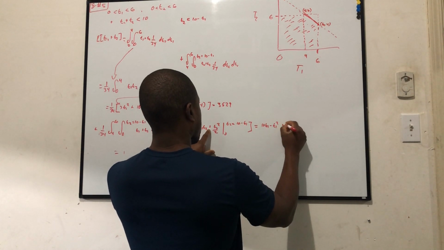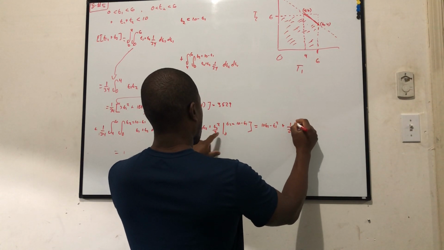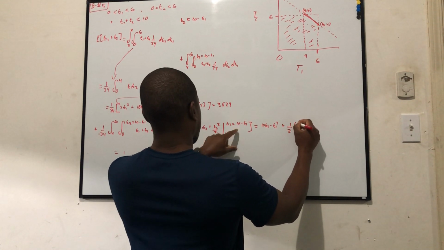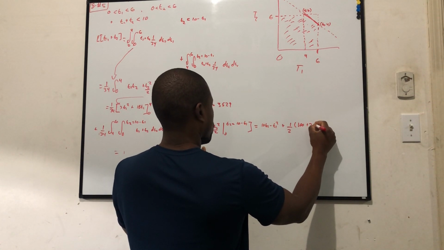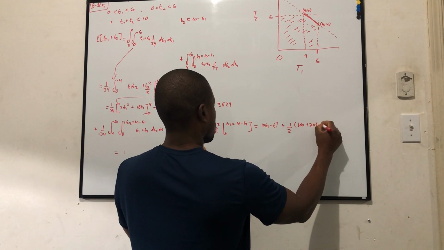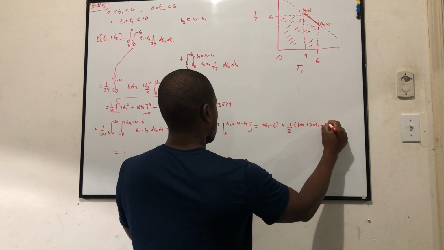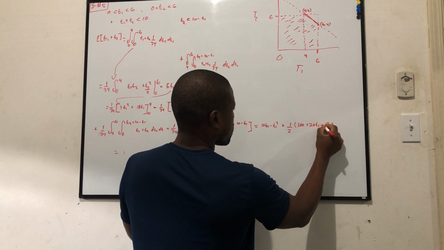Correct. Plus, and then I'm just going to pull this half out, and then I'm going to do everything inside here, which is 100 plus 2 T1 minus T1 squared. And that will be a plus there.